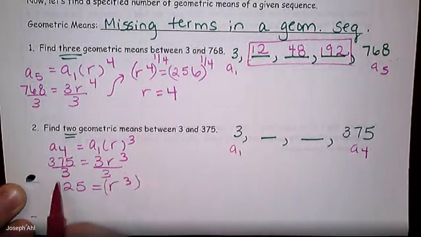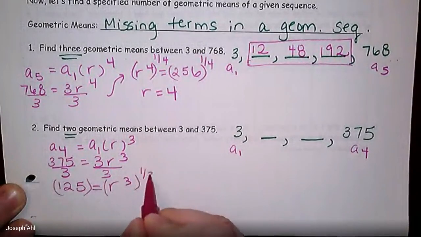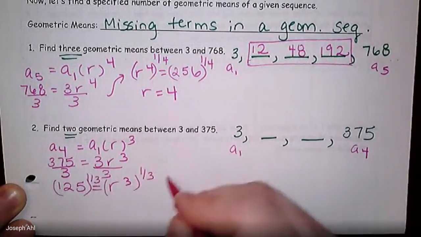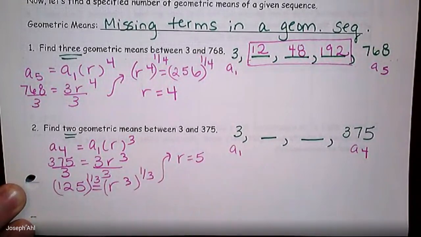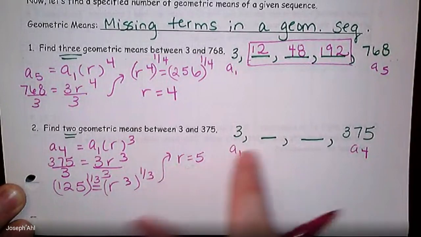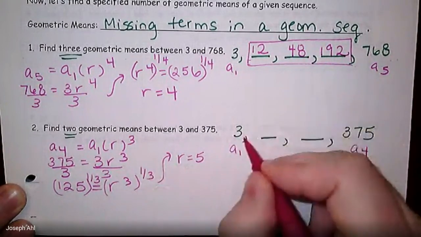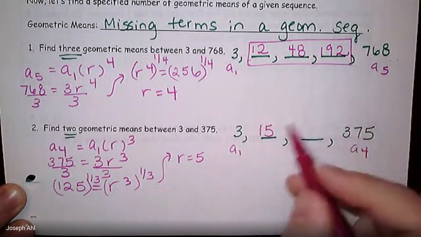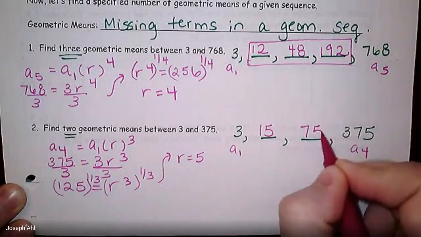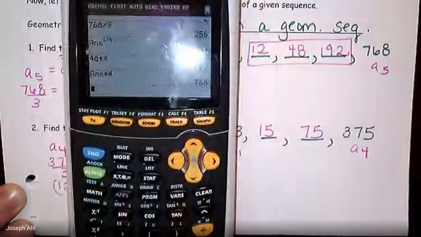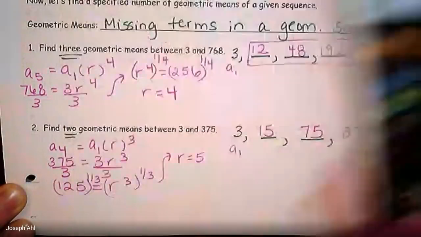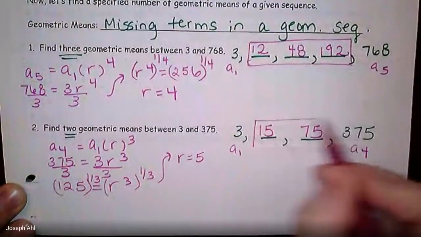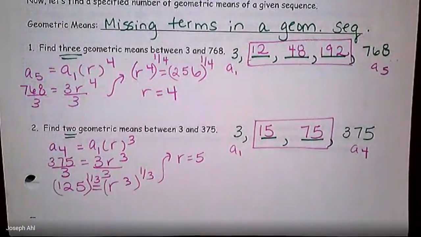And if you raise both sides to that reciprocal 1/3 power, you're going to find in this case that R equals 5. If you know that the ratio is 5, go ahead and multiply by 5 here. So 3 times 5 would be 15. 15 times 5 should be 75. And double check it. 75 times 5 is in fact 375. So these would be the 2 geometric means between 3 and 375.